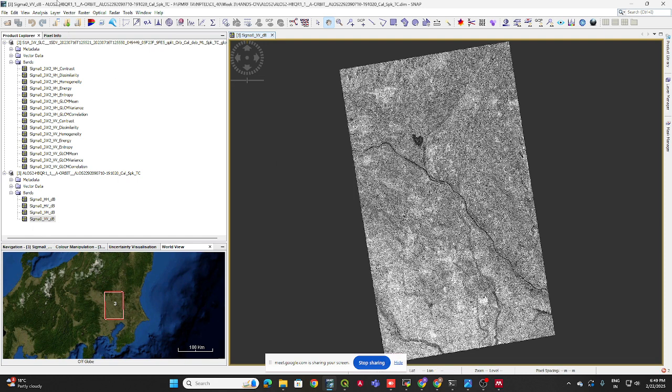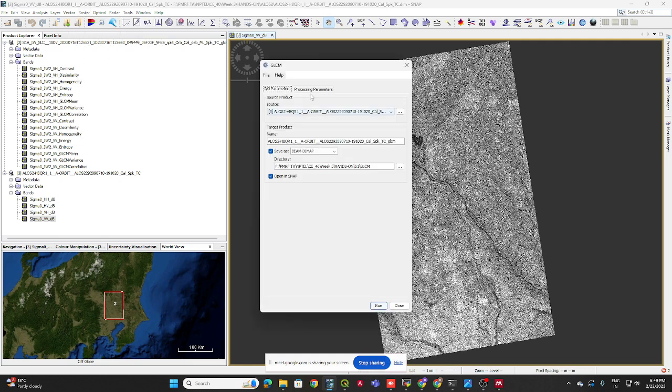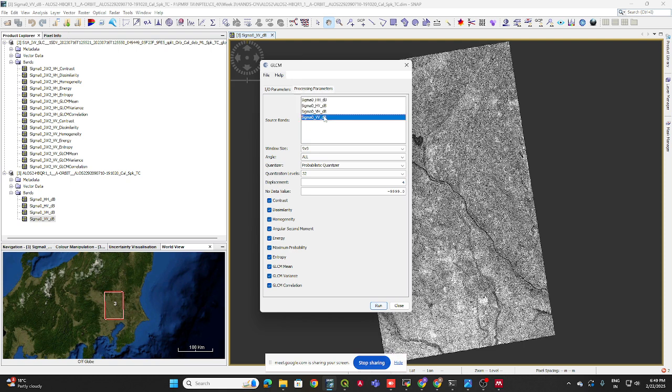Let's process only one band, the PV band.